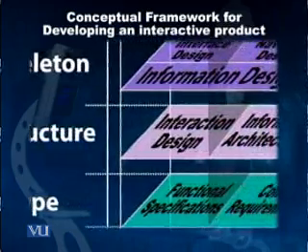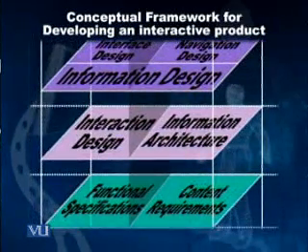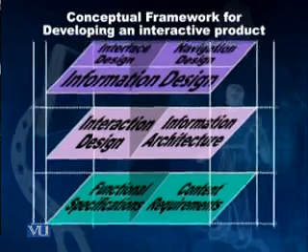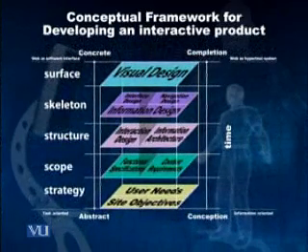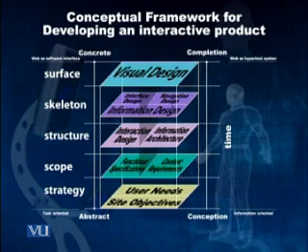One is the interaction design, and one is information architecture. If we are talking about the task-oriented nature of the web, we are concerned with interaction design. And if we are talking about the web as a hypertext system, we are concerned with information architecture.